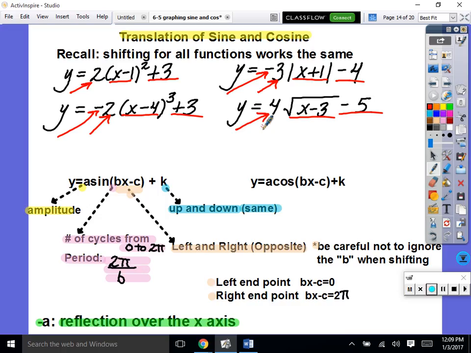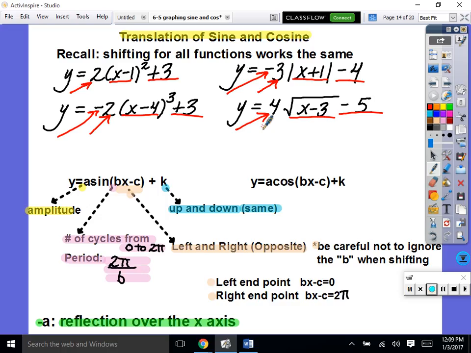So to figure out your left endpoint, so a non-shifted function, the left endpoint means where we started. So we started at 0, we went around a full cycle to 2 pi. So if we take and shift those points left or right, you've now got to take your left endpoint 0, and you've got to figure out where the new endpoint will be. So what you'll do is you'll set bx minus c equal to 0 and solve for x.